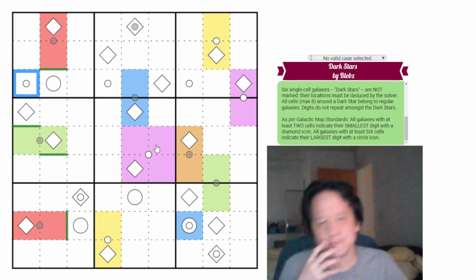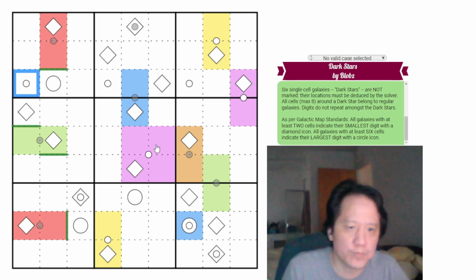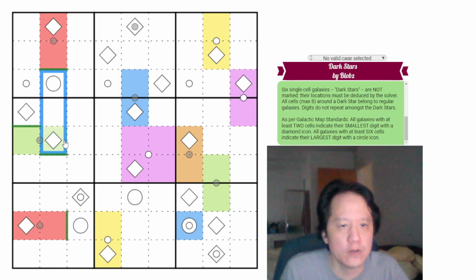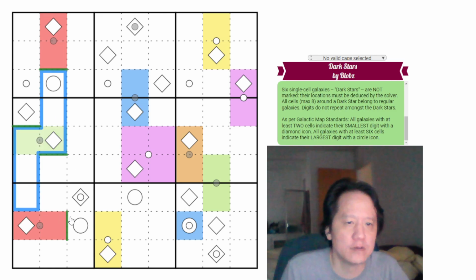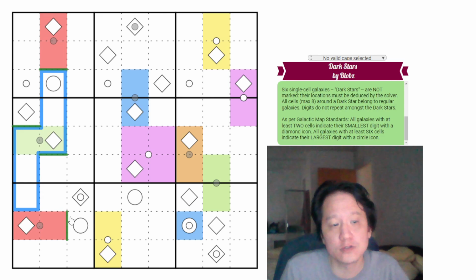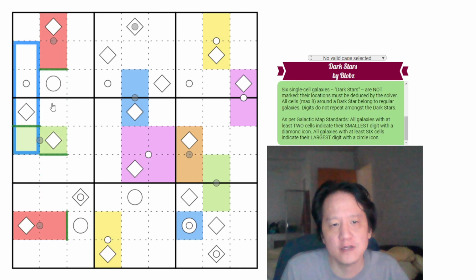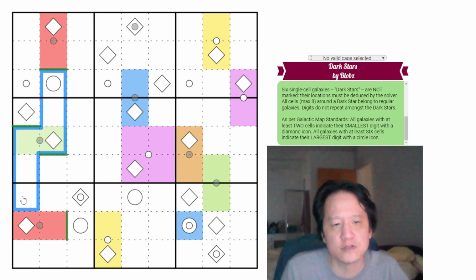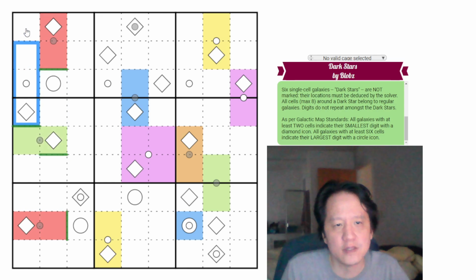Hmm. So this is at least 3. So this could be that way. That would be 6. Remember, there are dark star ones. So if this is 6, if it goes this way, then this has to be 3 and then a dot. So that's a dark star.